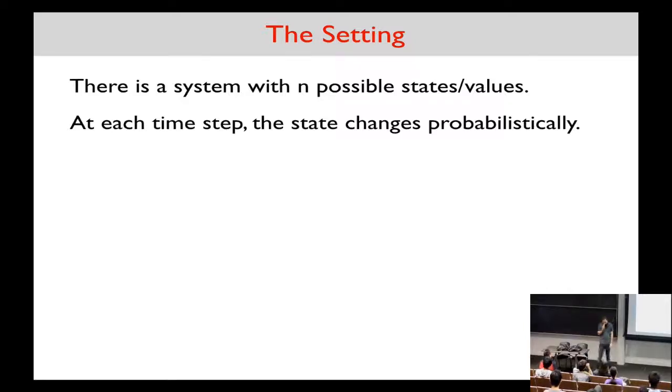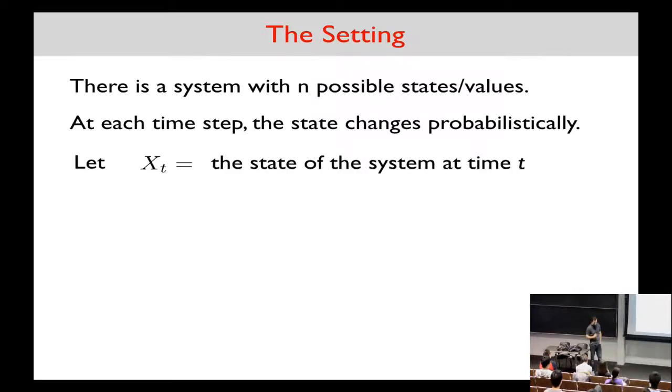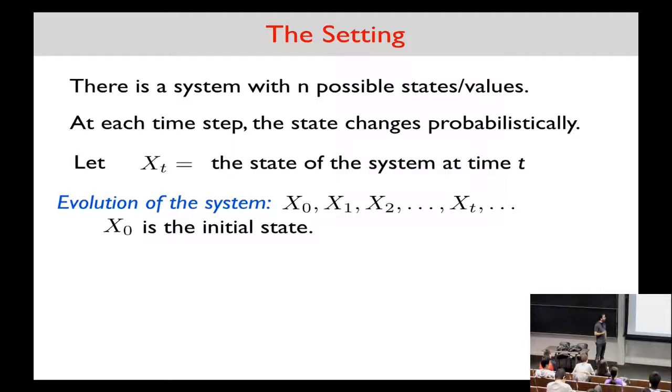Okay, let me introduce a bit more notation about the setting. As we said, we have n states, and the system evolves probabilistically. We're going to let x sub t be a random variable, the value of the state at time t. Obviously it's a random variable; it's not determined. When you look at the evolution of the system, it starts with x0, then x1, then x2, x3, and so on.